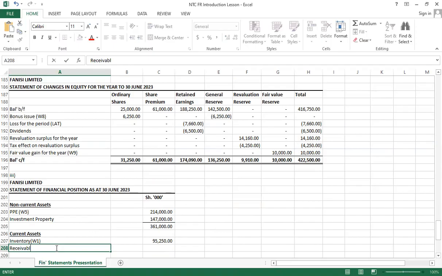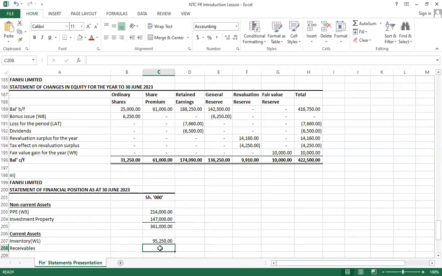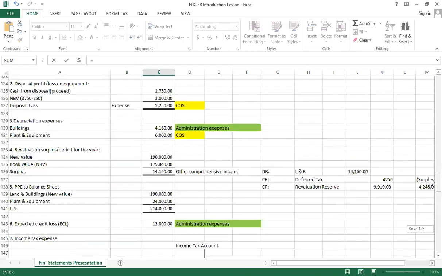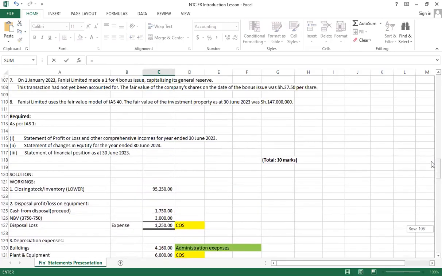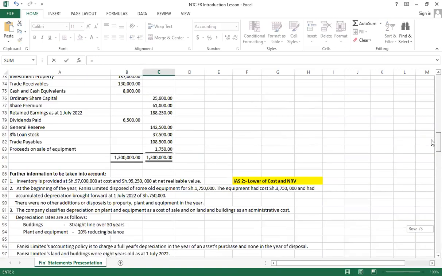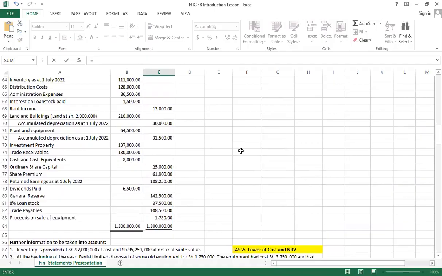Now this is followed by the receivables. And the receivables were how much? When you go back to the trial balance, the trade receivables are somewhere. In the trial balance, we had the trade receivables as this 130.